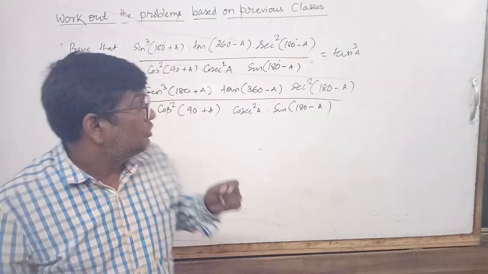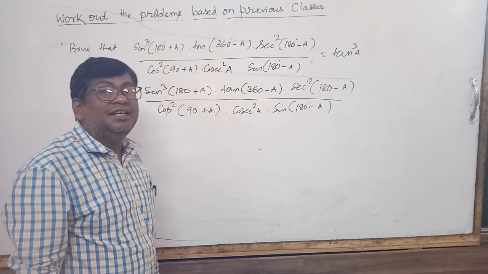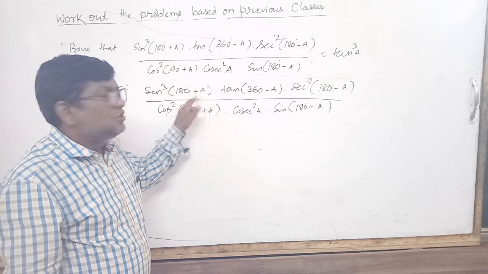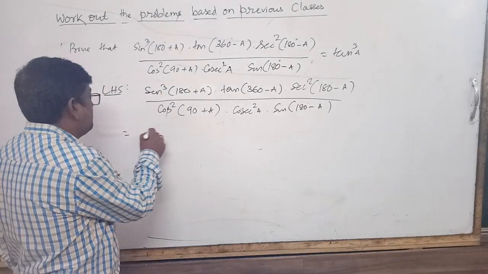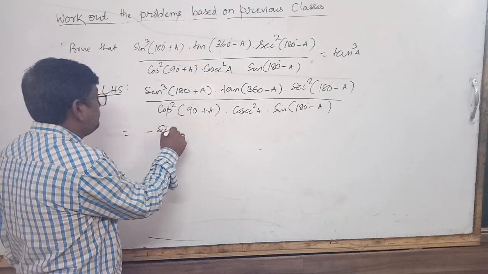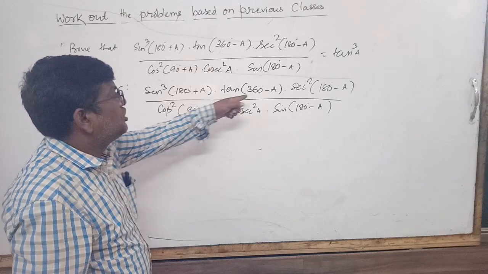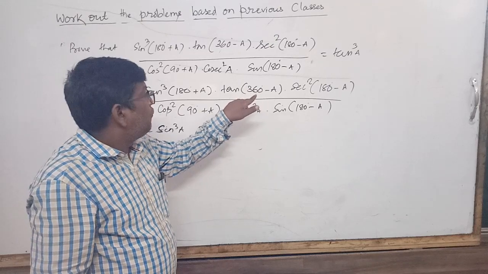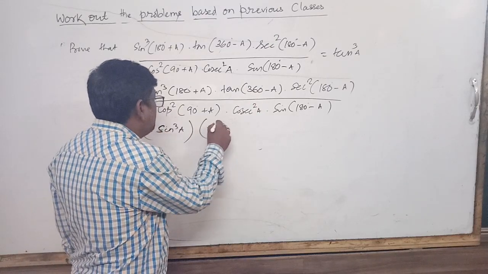What is the formula for sin 180 degree plus a? 180 degree plus a lies in third quadrant, so this is minus sin a, and cubed it is minus sin cube a. Tan 360 minus a lies in fourth quadrant, so this is minus tan a.